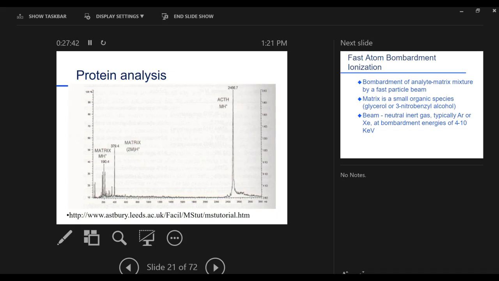So this is a protein analysis. Now, what kind of protein it is, beats me. I didn't do it. I did take it though, come to think about it, out of the literature. So this is what the spectrum would look like. So we go ahead and we zap it. This is the matrix. So okay, we ionize some of that matrix too. So our matrix has a molecular weight somewhere around 380 in this case.